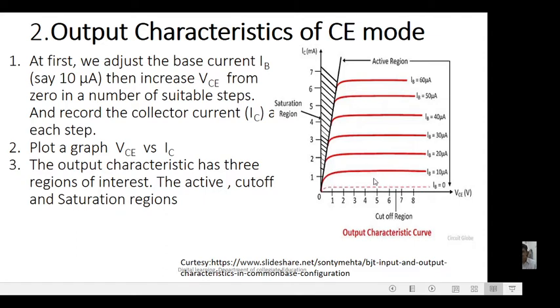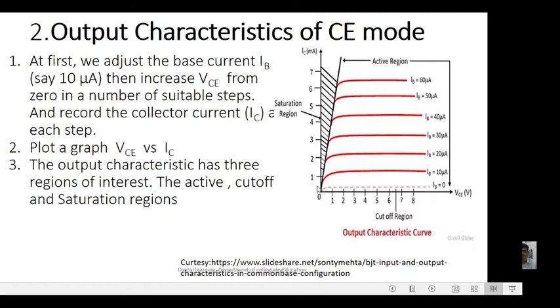For IB varied: IB is equal to 0, IB is equal to 10 microampere, 20 microampere, 30 microampere, 40 microampere, 50 microampere, 60 microampere.